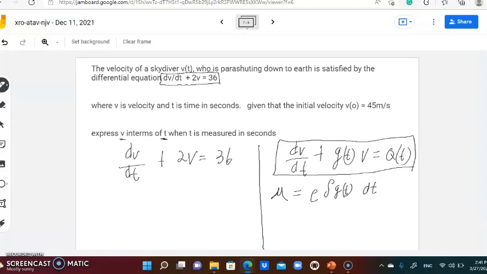So my integrating factor mu is going to be equal to e to the integral of g(t), which is whatever is in front of my v. That's going to be the integral of 2 with respect to t, which means that my integrating factor mu is going to be e to the 2t.